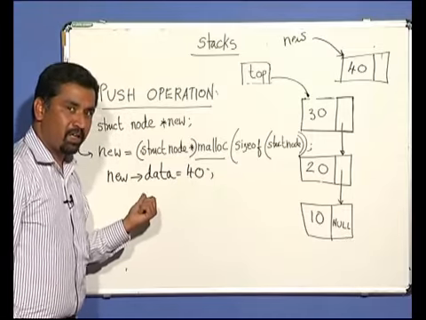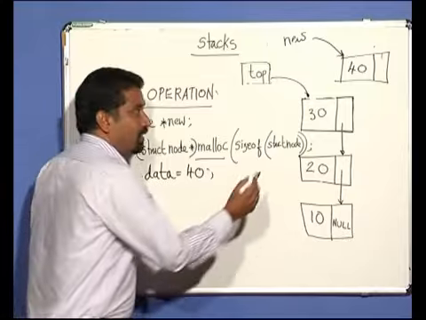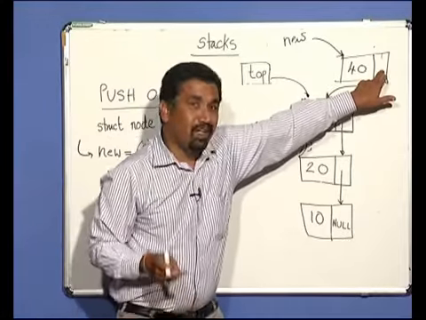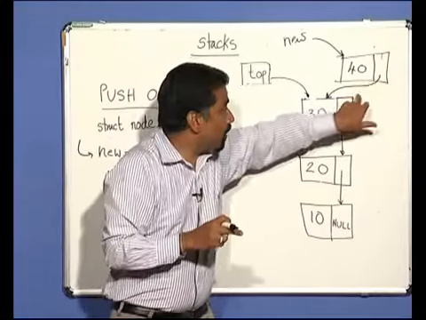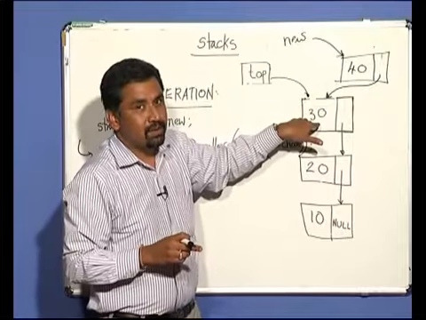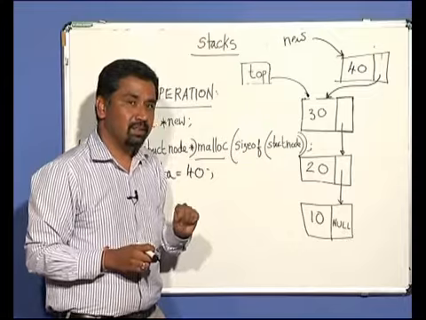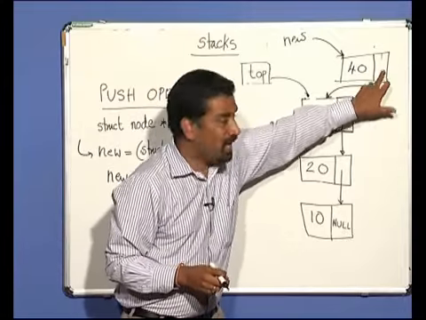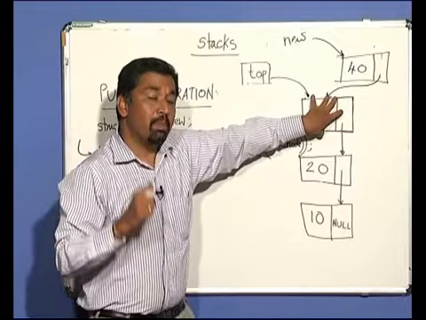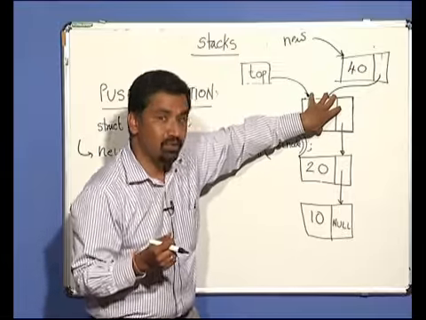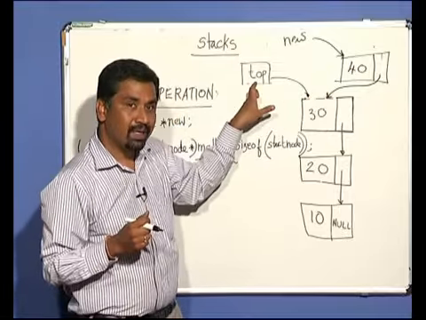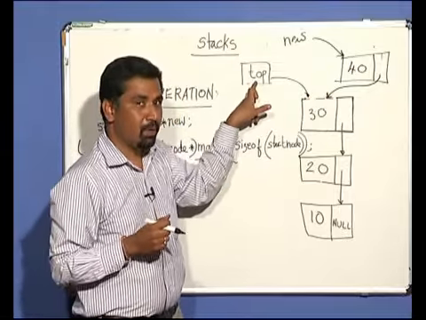What else is remaining? We said that the pointer of the newly created node must point to the previous node which was at the top. How do we handle that? This value should be the address of this node. But where do we have the address of this node right now? In the top pointer variable.